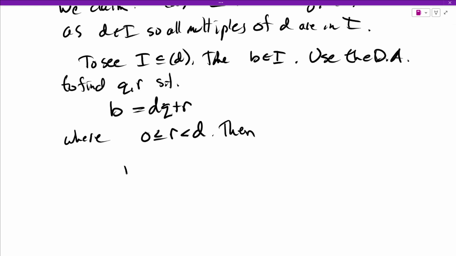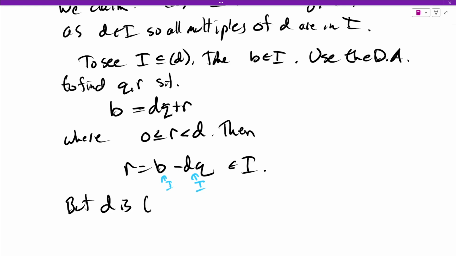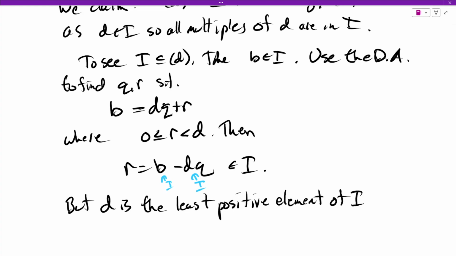Then r is B minus dq. B is in I, and all the multiples of D are in I, so this whole thing is in I. But D is the least positive element of I. By the well-ordering principle, it's the least one. That's how we found it.